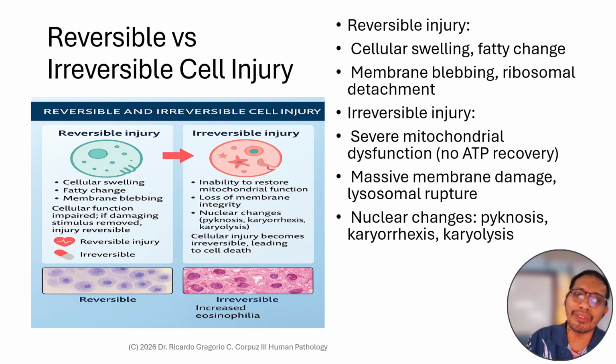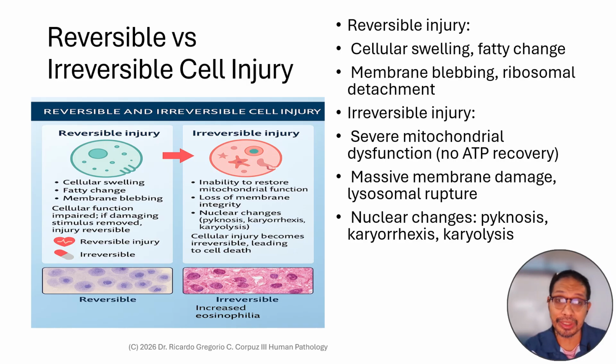Reversible injury represents a stage where the cell is under stress and its functions are impaired, but its structural integrity is still largely preserved. The key idea is that these changes are functional derangement, not permanent damage. If the stress is relieved, if oxygen is restored, toxins are removed, or metabolic demands are reduced, the cell has the capacity to return to normal.